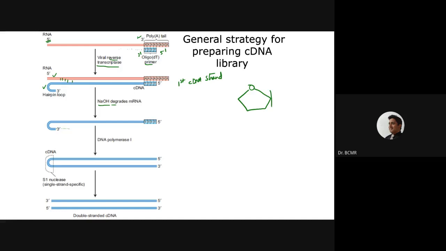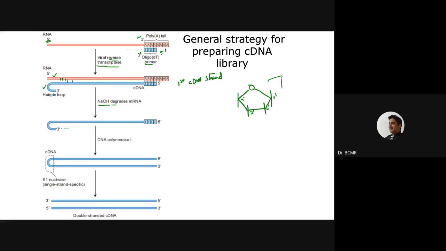So I'm trying to draw the ribose here, right? And say here is the glycosidic bond with a base. The pen is not writing well, I guess. Okay, and then you have the first carbon, this is second. I should put prime because that is what we are indicating.